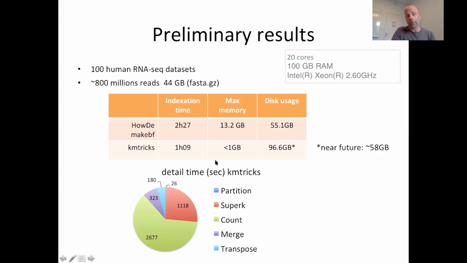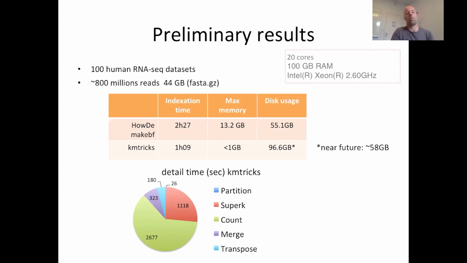If you look at the distribution of steps by kmtricks, what we can see is that the creation of super kmers, so the first step, and the count of those super kmers take almost all the time. So the count is much more than half the computation time.